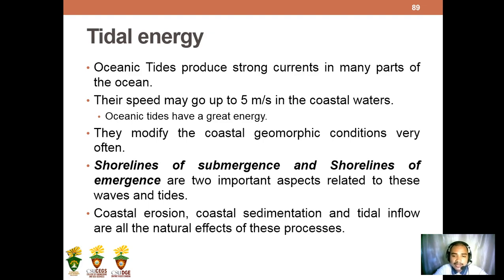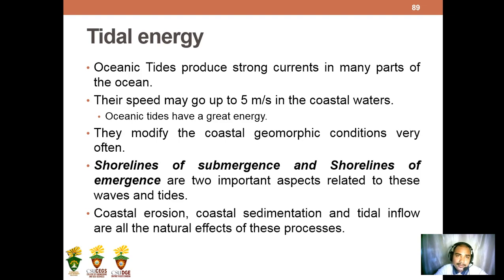They modify the coastal geomorphic conditions very often, and shorelines of submergence and shorelines of emergence are two important aspects related to these waves and tides. Submergence and emergence, advancing or retreating. Coastal erosion, coastal sedimentation, and tidal inflow are all natural effects of these processes.